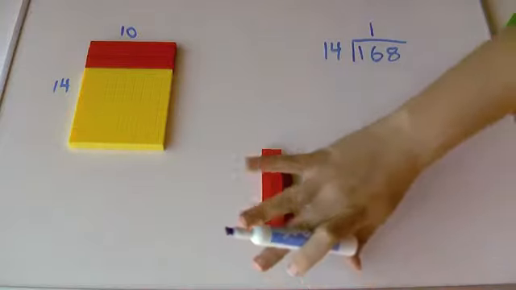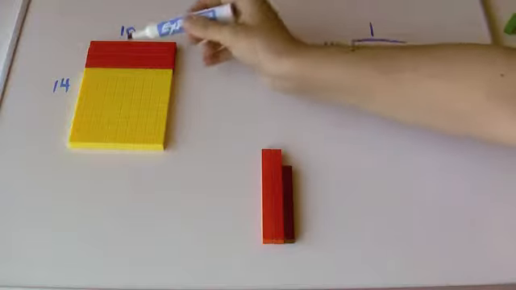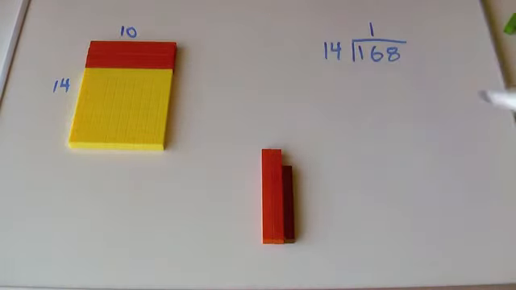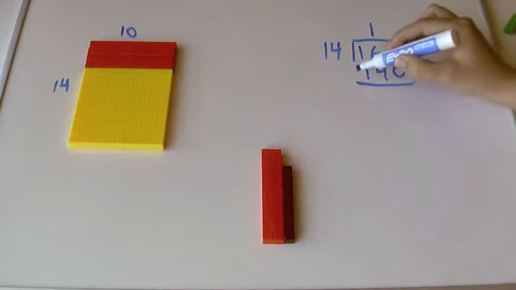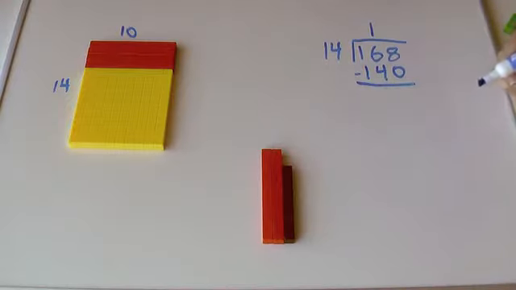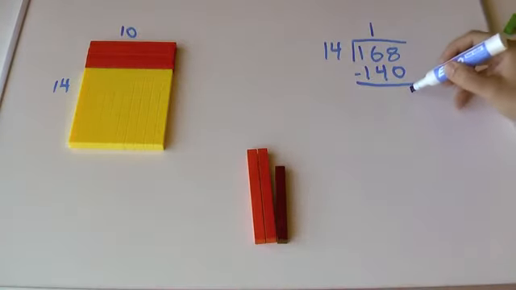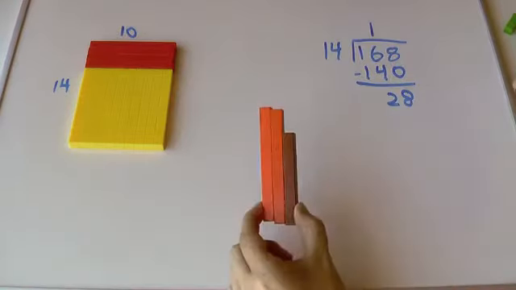And so how much did I take away from my original 168? I took away 10 times 14, which is 140. So I took away 140. And what do I have left? I can look down here and see, or I can subtract the traditional way, and I have 28 left.